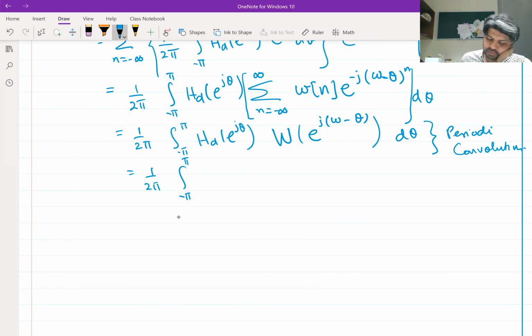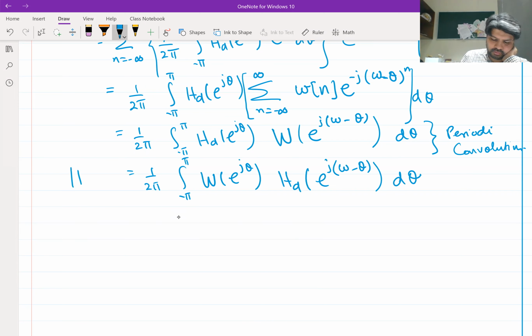So because periodic convolution is commutative, you can write it as W of e to the power j theta hd of e to the power j omega minus theta d theta. Or this is your h of e to the power j omega.